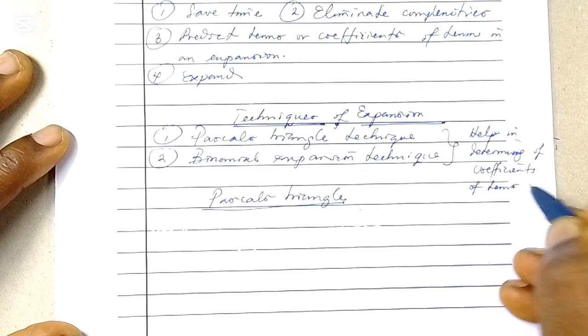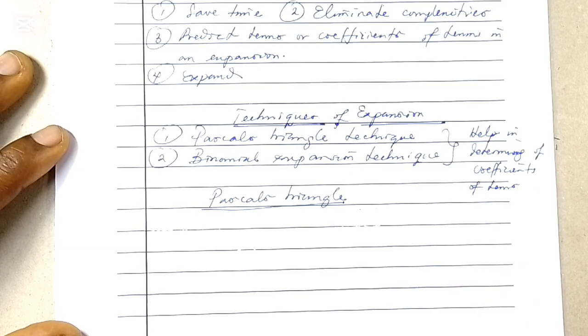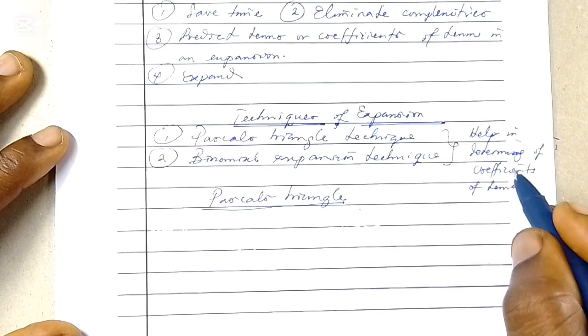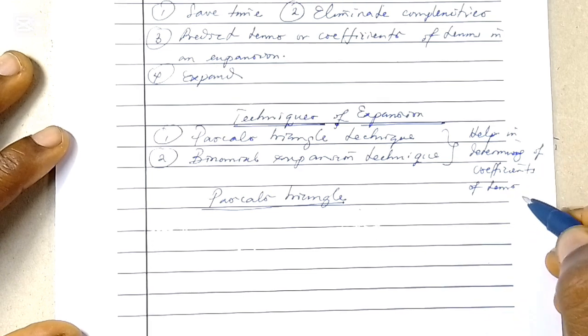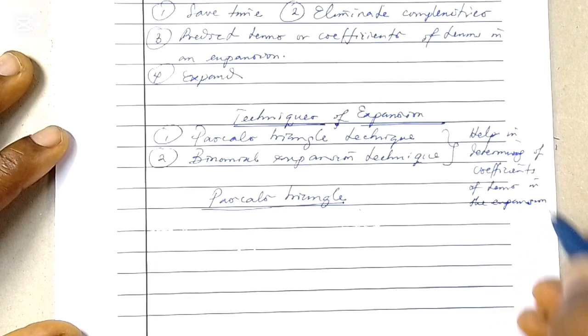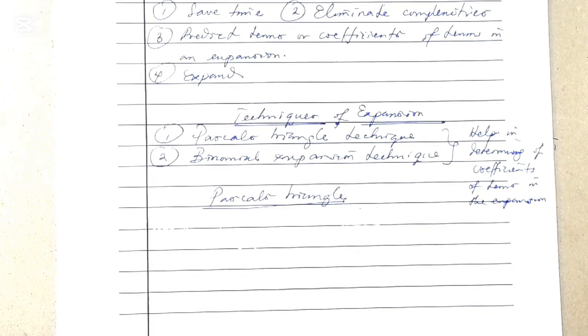So if you are using Pascal's triangle technique or the binomial expansion technique, basically these 2 techniques will help you determine the coefficients of terms in the expansion. The rest will require your input.